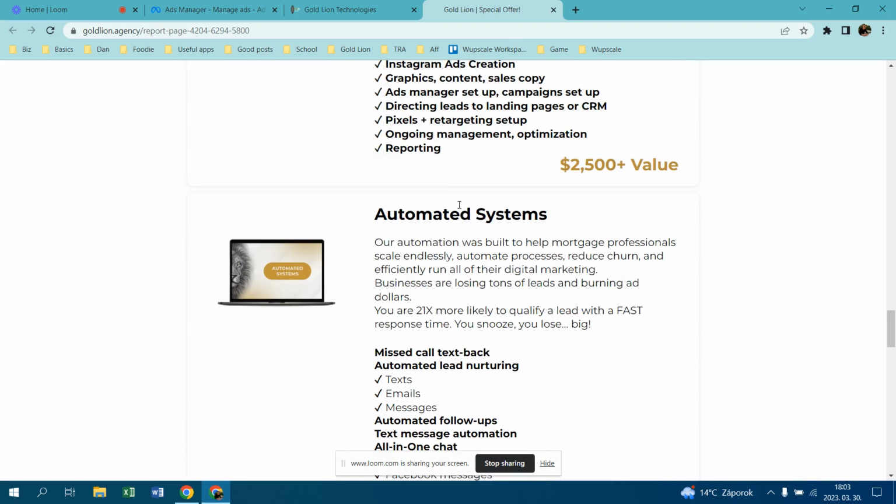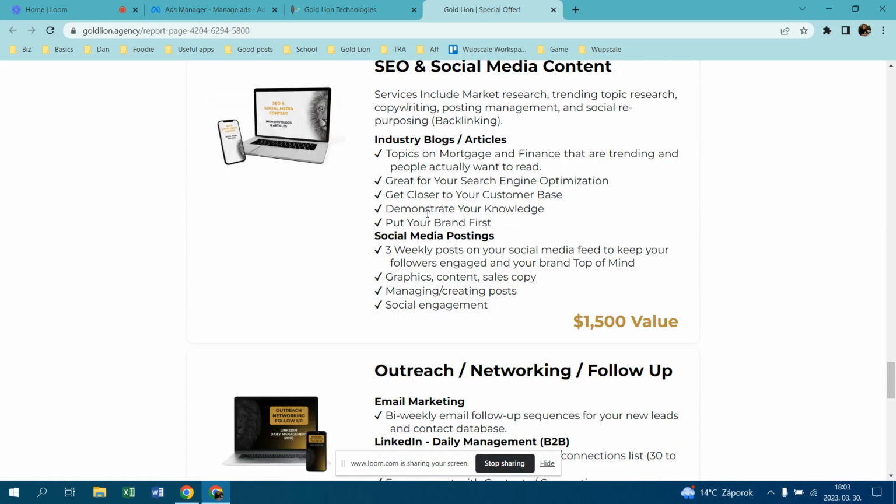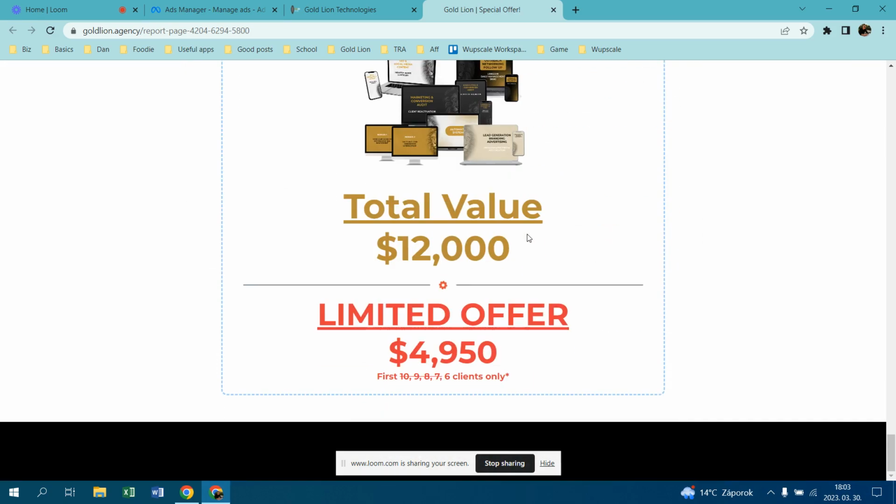So lead generation, automated systems, SEO and social media, and the total value and the limited offer. You can see this $5,000 is a pretty high ticket offer, and I think that was one of the reasons why we didn't close as many clients as we could have, because it's a high ticket offer, and we didn't offer any smaller ticket.